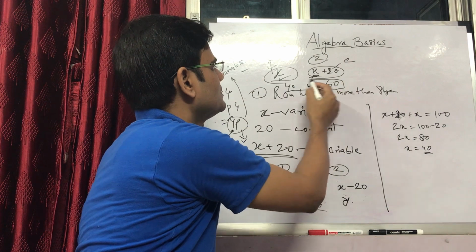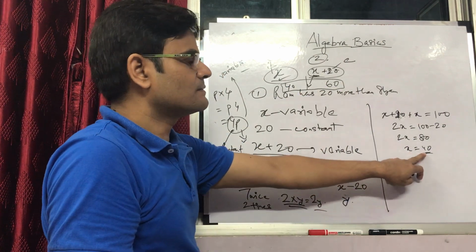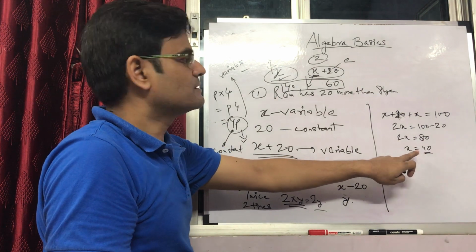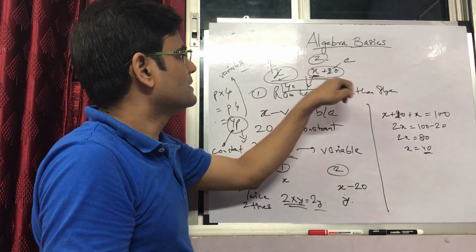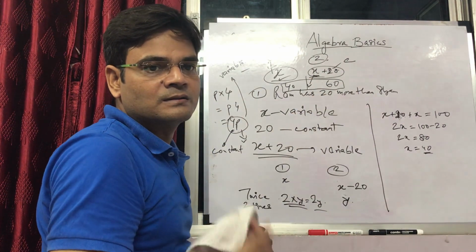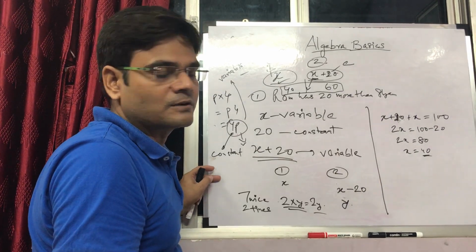Till the point you determine the values, they are variables. Once you determine that the variable x is 40, there is no role of x. You can simply replace x with its value. So I hope I'm clear on this. If not, you have all the rights to ask questions in the comments box.